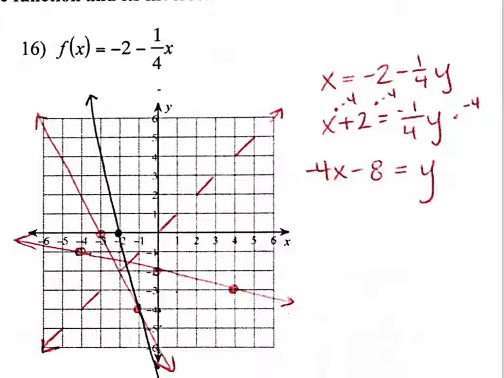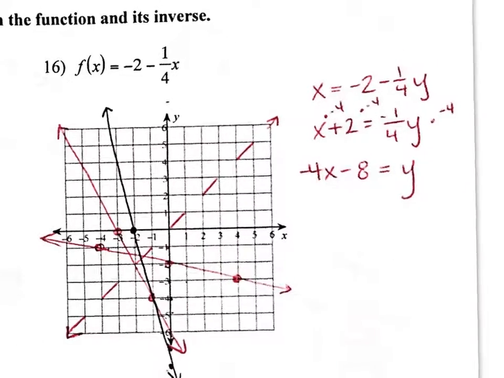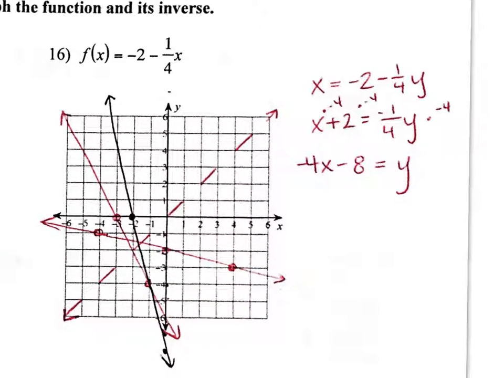Question 16. You can see my work here. I'm just working that out the same way. I actually had an error when I tried to graph mine. So the first one, you just graph by starting at negative 2 and going down 1 over 4. The second line I had counted incorrectly, but I started at negative 8. And since I don't have enough room to go down 4 over 1, I went up 4 backwards 1.